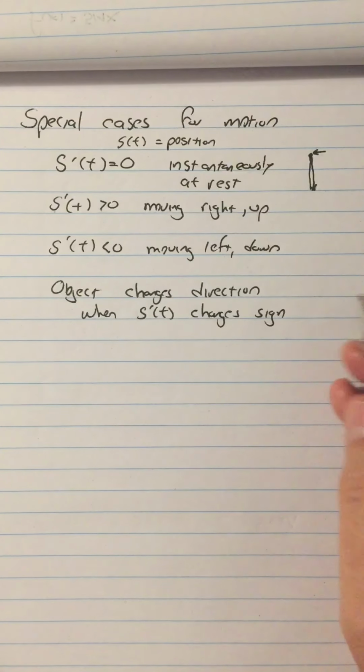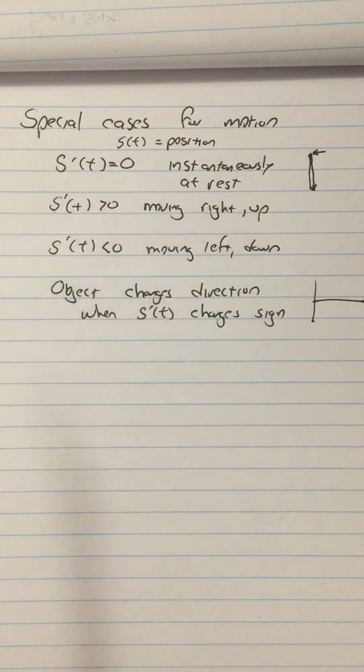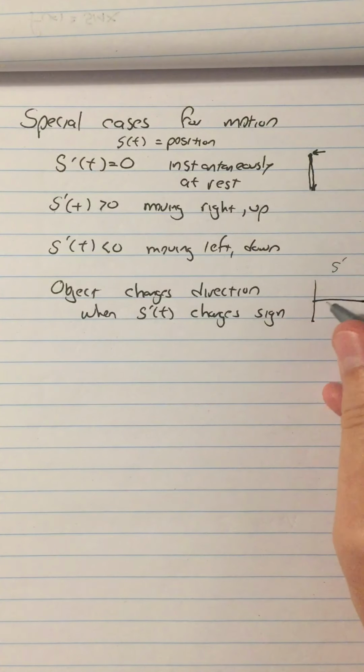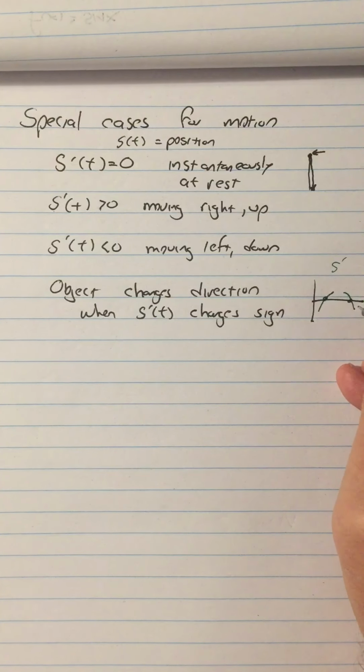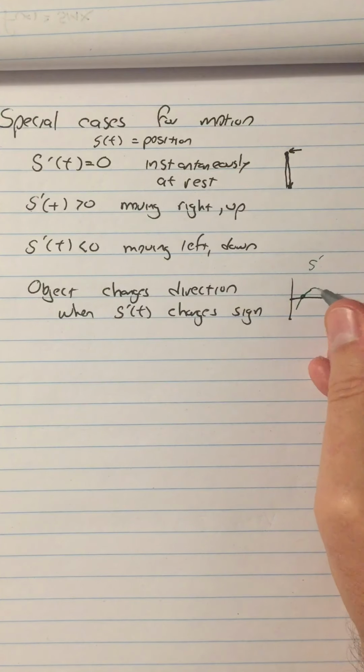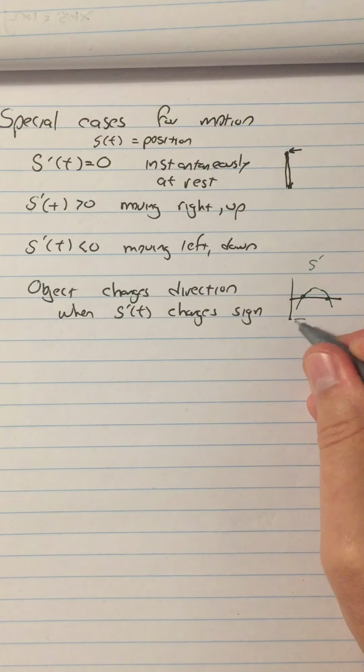Now what follows, by the way, from the intermediate value theorem is that the only way that S prime can change from being negative to being positive or from being positive to negative is by passing through 0. All right? That is the intermediate value theorem.